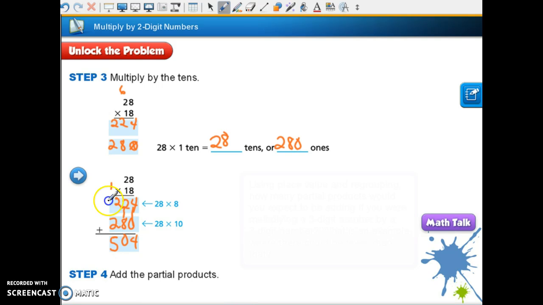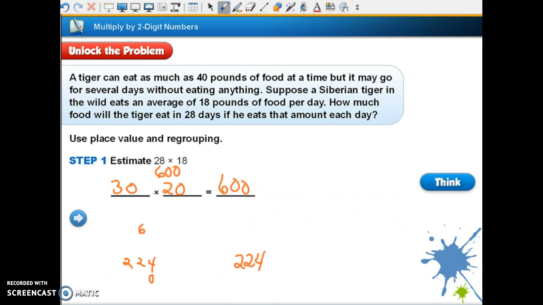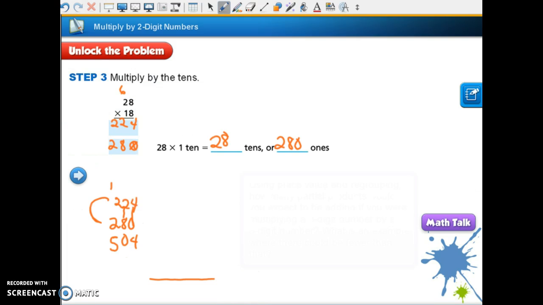So we added those two partial products to get 504 pounds. Now, what was our estimate? 600. Is that close? It might seem a little far away, but at least it's not 2,000 something. Okay?